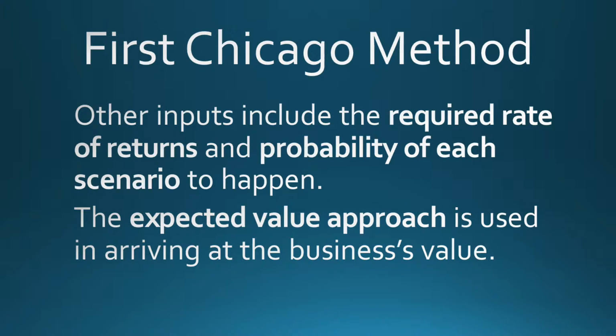The expected value approach is used in arriving at the business's value. This video is about a demonstrative problem in order to illustrate how the First Chicago method is applied for startup companies.